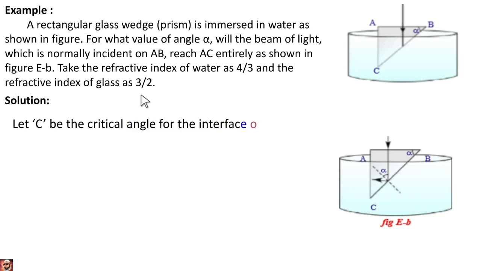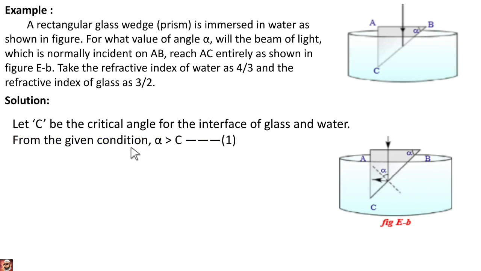Let's see the critical angle for the interface of glass and water medium. So we have two media, glass and water, whose interface has the critical angle C. For the given condition, alpha is greater than C. To make the ray reach side AC, the value of alpha must be greater than the critical angle.